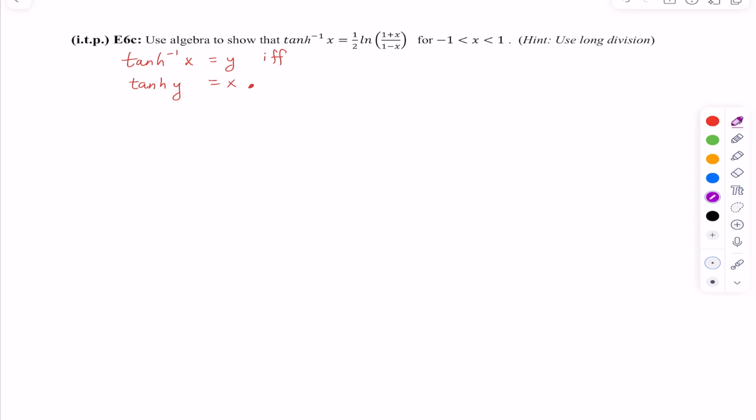Now we'll go ahead and substitute. And we're going to multiply this by a special 1. And off to the side, we're going to go ahead and use long division.